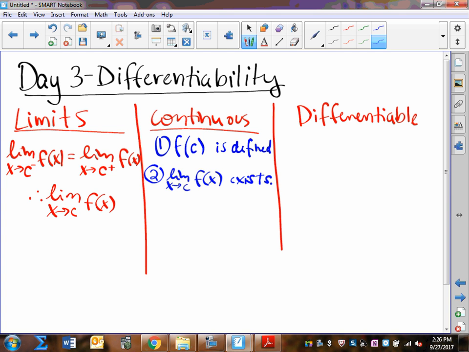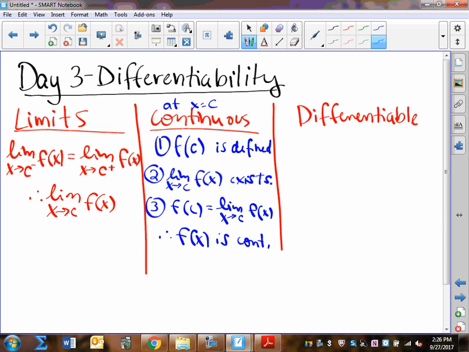And we know that means we have to meet the requirement of a left and right hand being equal. And then third, in order for our function to be continuous at a point, so we're looking at x equal to c, we must have that the function value is actually equal to that limit. Then we can say that f of x is continuous at x equals c.